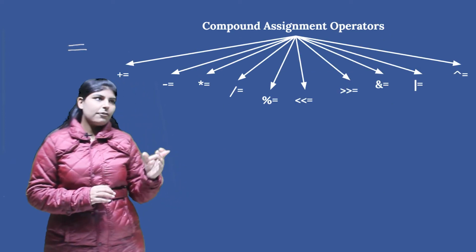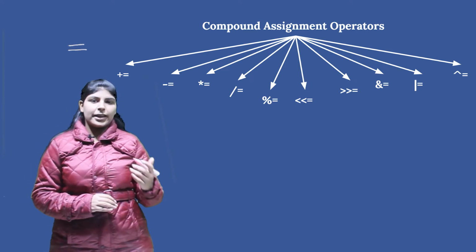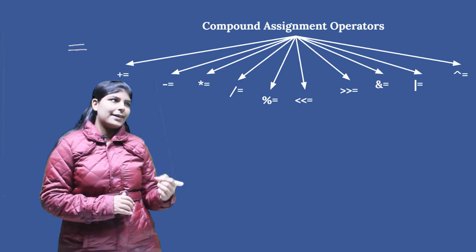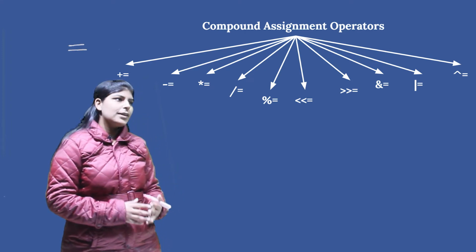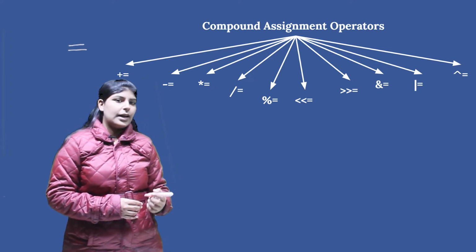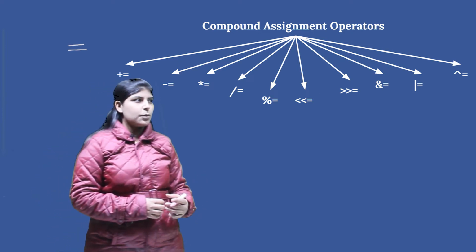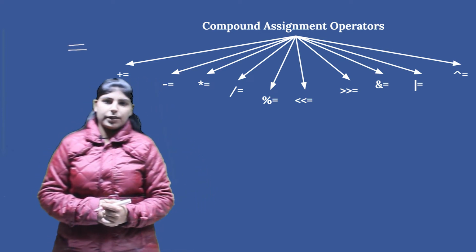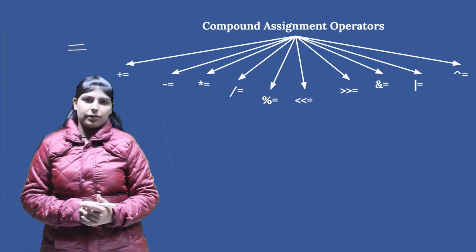In Java, I can have all these as compound assignment operators. So with equal to sign, I can use plus, minus, multiply, divide, modulo. That is all the arithmetic operators along with left shift, right shift and or and XOR. So these 5 bitwise operators and all the arithmetic operators can be used along with the equal to sign for the compound assignment operators.